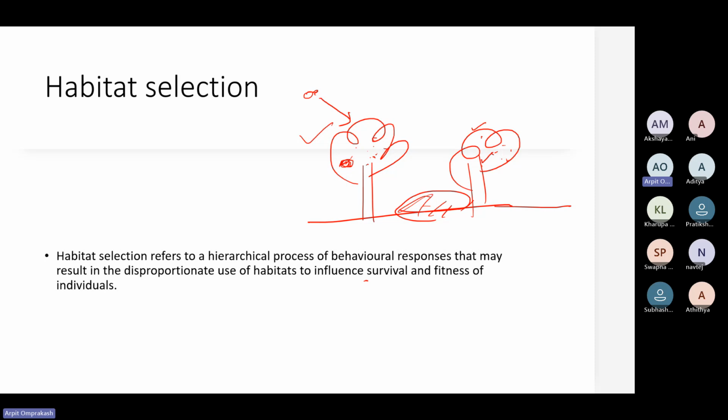So it's disproportionately using different parts of the habitat, and that influences the survival or fitness of the individual. If it preferentially uses a tree which does not have a lot of snakes, or which has leaves that are easier to fashion into a nest, that will increase its fitness and help it survive better and produce more offspring compared to birds nesting on the other tree, which is full of snakes or other things.